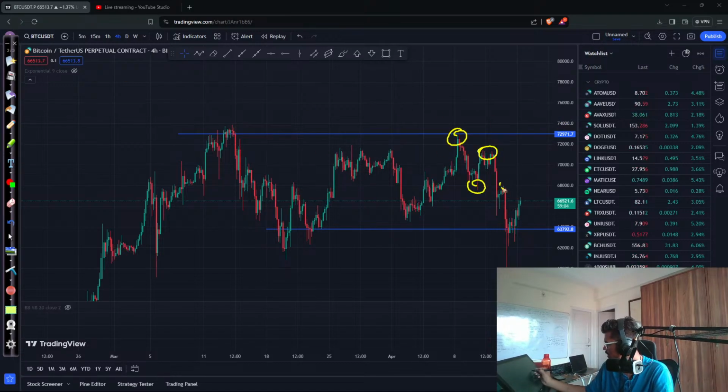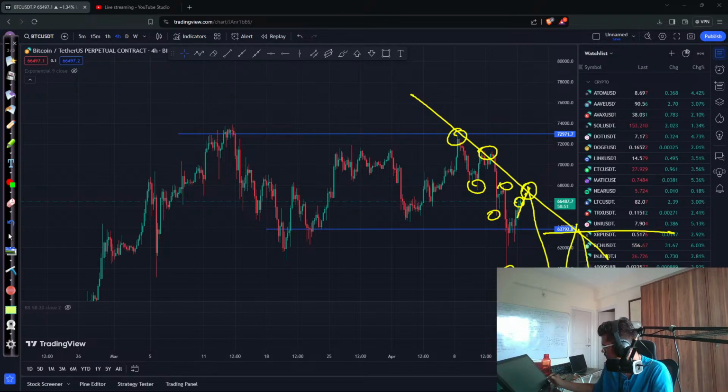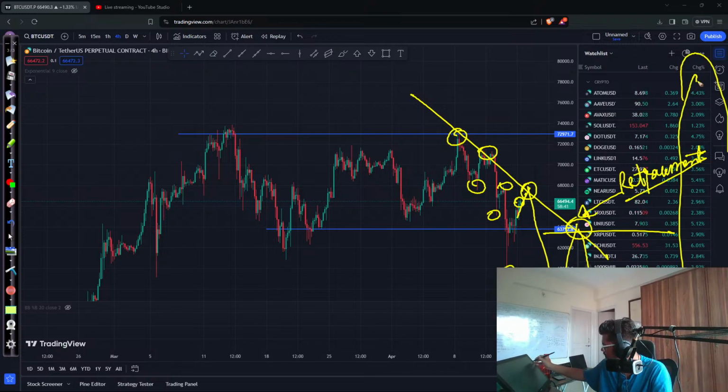We are making lower high, lower low, so we will see some sort of resistance building up there, so that eventually we go down, and when it retraces back, then we punch the trade again. Okay, so for so long the market is looking good. Let's see how it goes though.